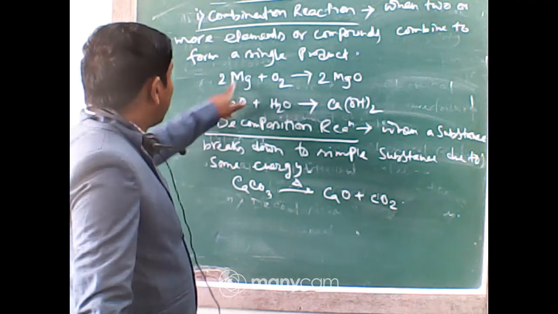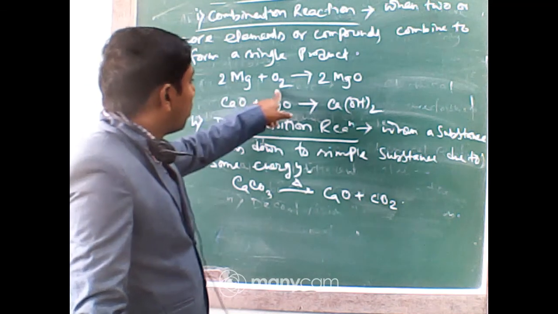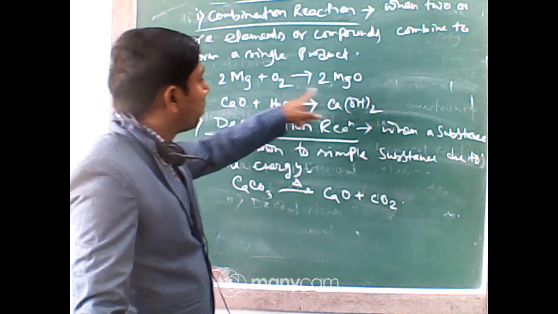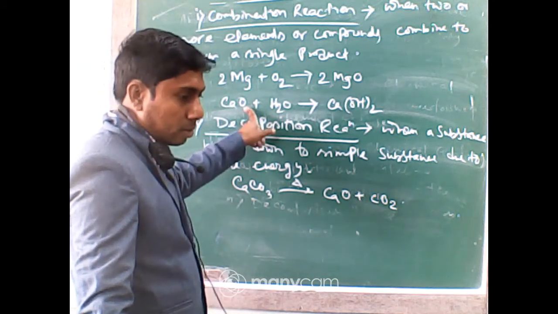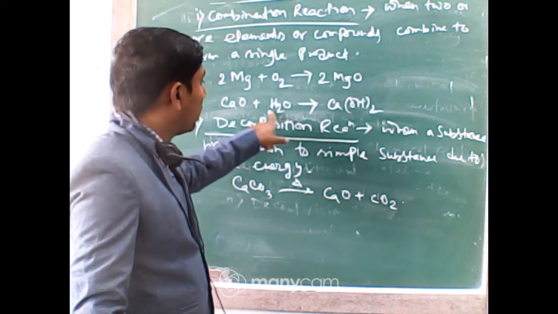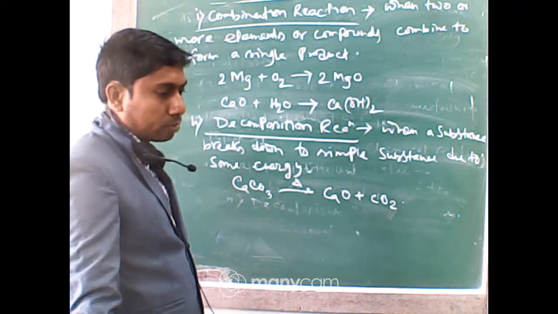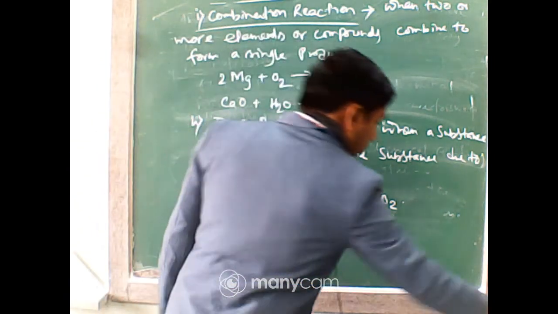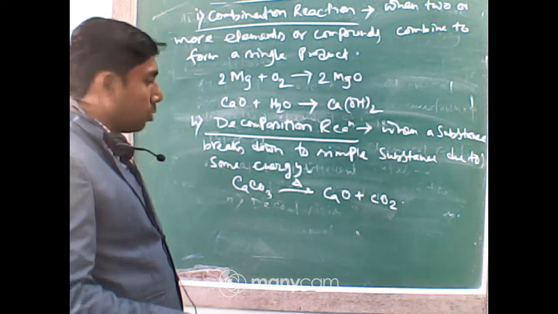Yes, magnesium ribbon when burnt in air, that is absolutely the oxygen will be required, magnesium oxide. Calcium oxide, it is solid. When it is put in water, then it will produce calcium hydroxide. CaO plus CO2.